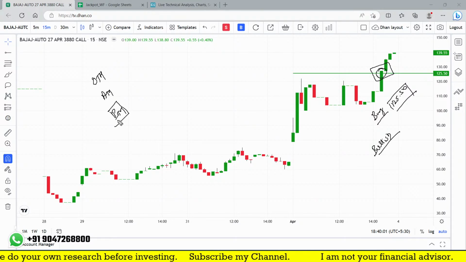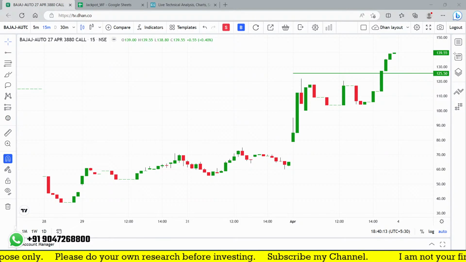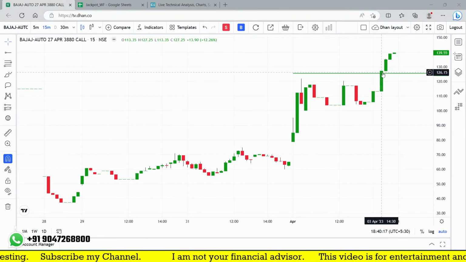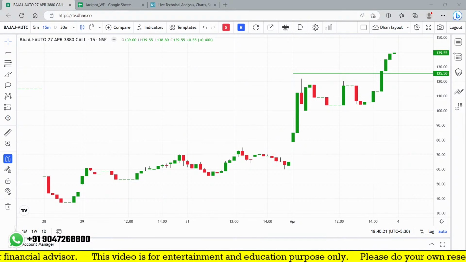In this case the ITM strike price would be 3,880. But I focused on the ATM strike price, because people were asking questions and doubts about how to select ATM, OTM, ITM strike prices. So this is the ITM strike price, 3880. This particular strike price we selected earlier.